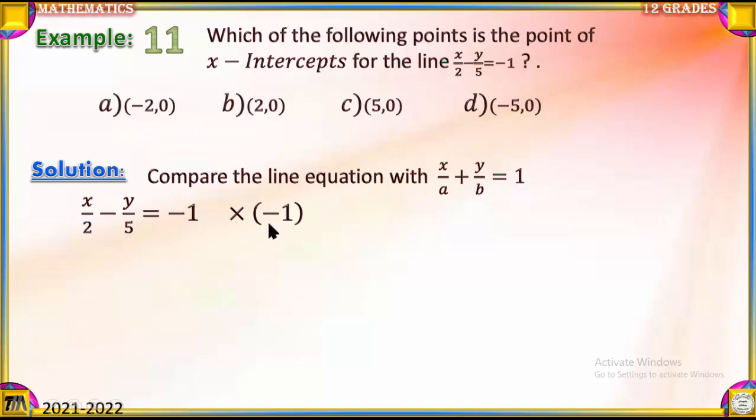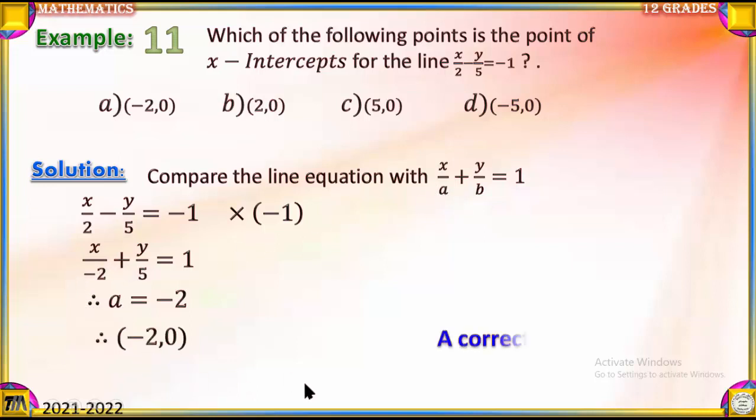Multiplying by minus 1, it becomes x over minus 2 plus y over 5, since minus times minus is plus, which equals 1. Now comparing with this one, we can see that a is minus 2, then (minus 2, 0) is the x-intercept of this function. Or you can find it another way by replacing y with 0 and finding x. You can do that.